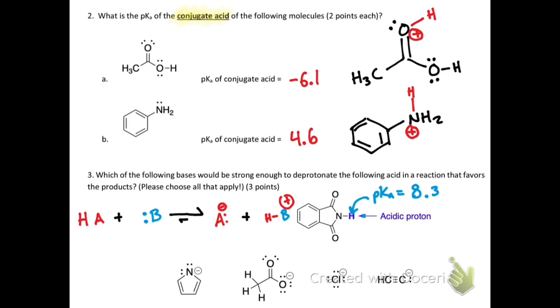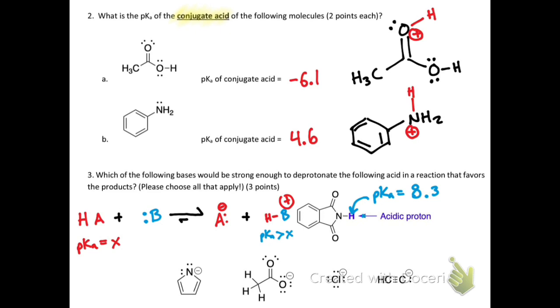Remember, it all comes down to the pKa of the acid and the conjugate acid. So let's say that the acid that we're trying to deprotonate has a pKa equal to some arbitrary variable x. In order for the reaction to favor the products here, we would need the pKa of the conjugate acid to be greater than x, because the equilibrium favors the side with the greater pKa.